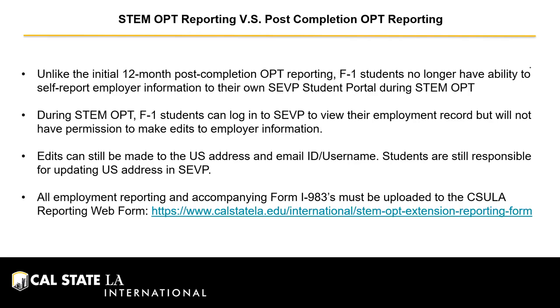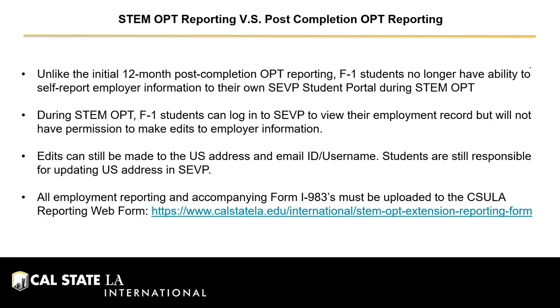So during STEM OPT, F1 students can log in to SEVP to view the employment record, but will not have permission to make any edits to the employer information. The third point here, edits can still be made to your US address and email ID or username through SEVP, and you are responsible to update that information on SEVP.